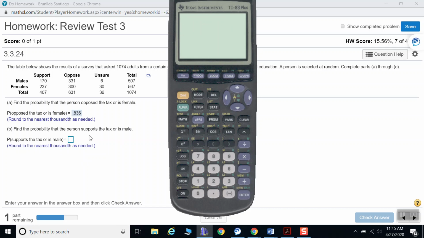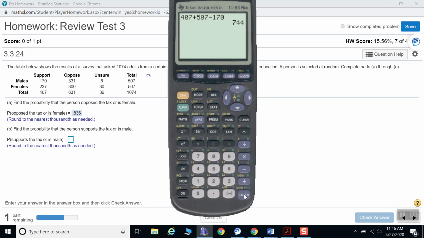So the numerator is going to be the total amount that supports, and that is 407, added to the amount of males, that total is 507. And then you have to subtract the supports and male, which is 170.